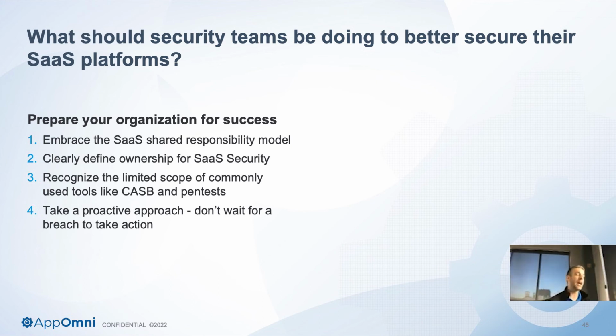And then lastly, take a proactive approach. Don't wait for a breach. And unfortunately, there's a lot of breaches that I think are being discovered and will continue to be discovered because so few people have visibility into what's going on in their production SaaS clouds. But who does have visibility is the attackers. We have seen APTs and state-affiliated hacking crews go after major SaaS platforms successfully in the past.